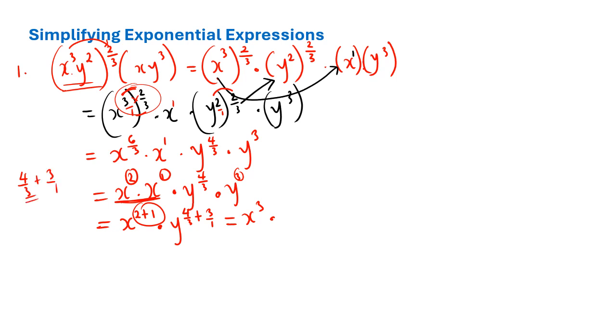Since I have 3 here, I just multiply by 3, have common denominators, then 4 over 3 plus 9 over 3. This is what I get. So I can now simplify the fraction to be 13 over 3. So I get y to the 13 over 3. This will be your final expression.